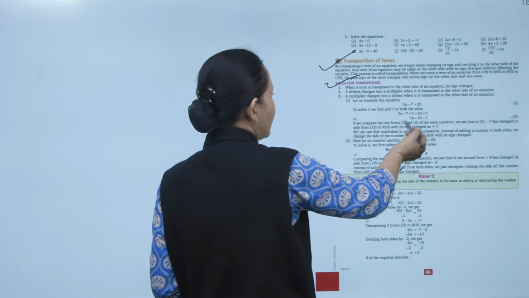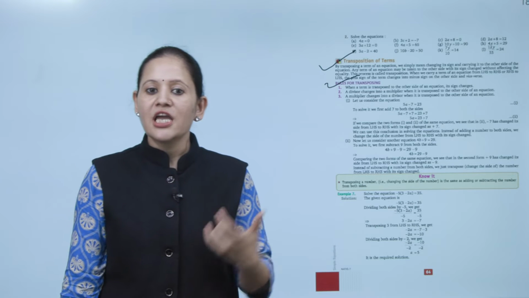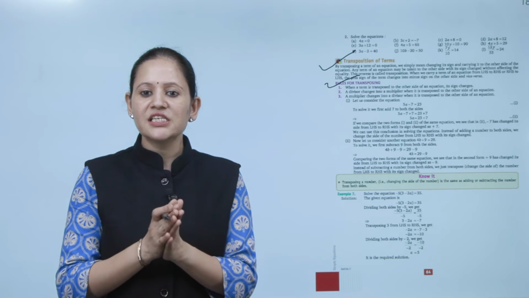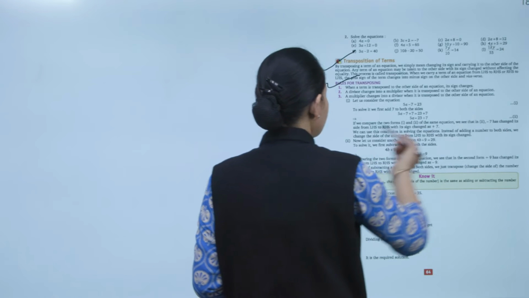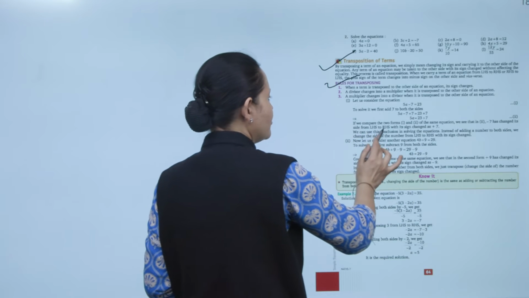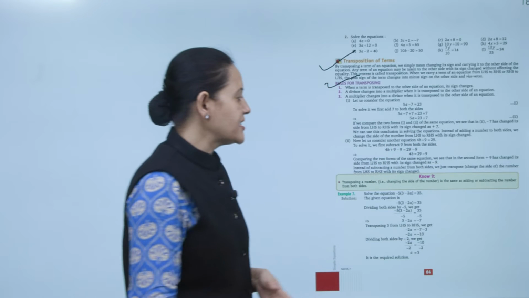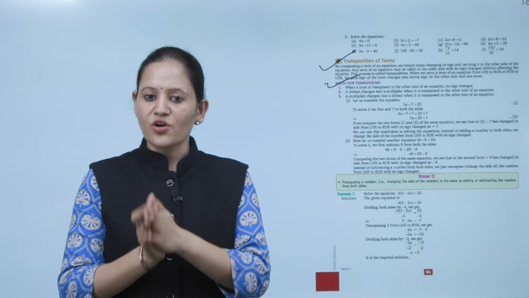So 5a equals 23 plus 7. Clear? Now, if we compare the two forms 1 and 2 of the same equation, we see that in 2, minus 7 has changed its side from left-hand side to right-hand side with its sign changed to plus 7. Clear?